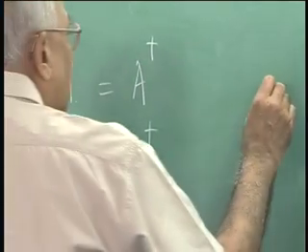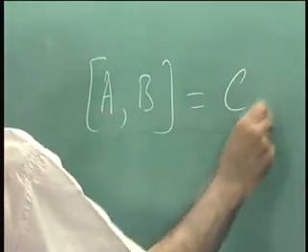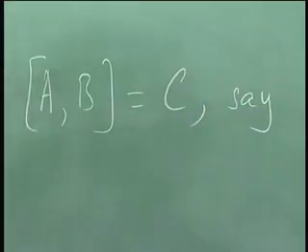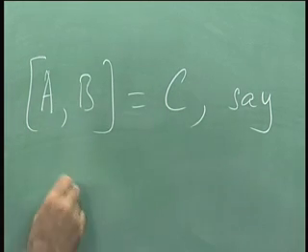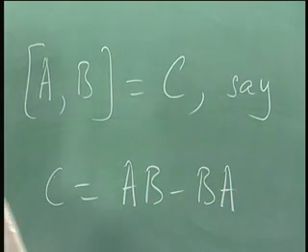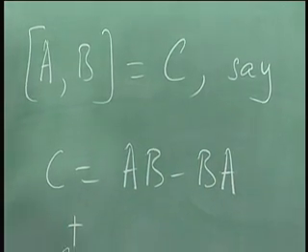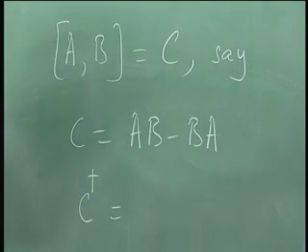Then the commutator A comma B equal to C, say it is some other operator, call it C. Then C is AB minus BA, but C dagger equals, you have to take the dagger here, and when you take the Hermitian conjugate of the product of two matrices, it appears in the reverse order.